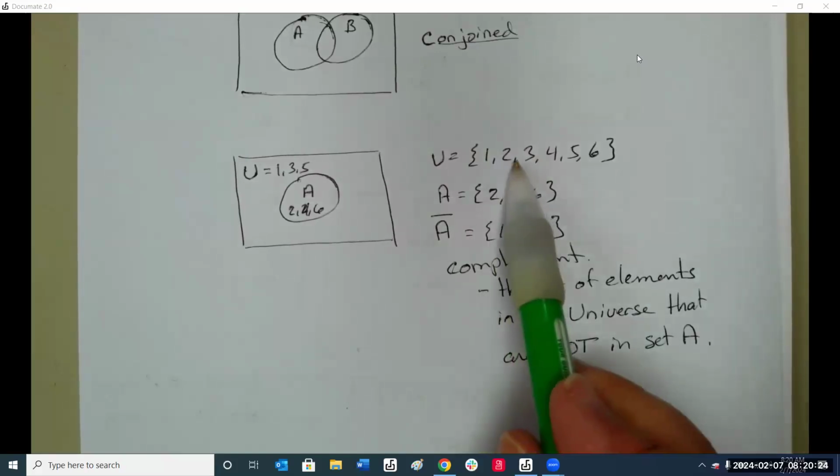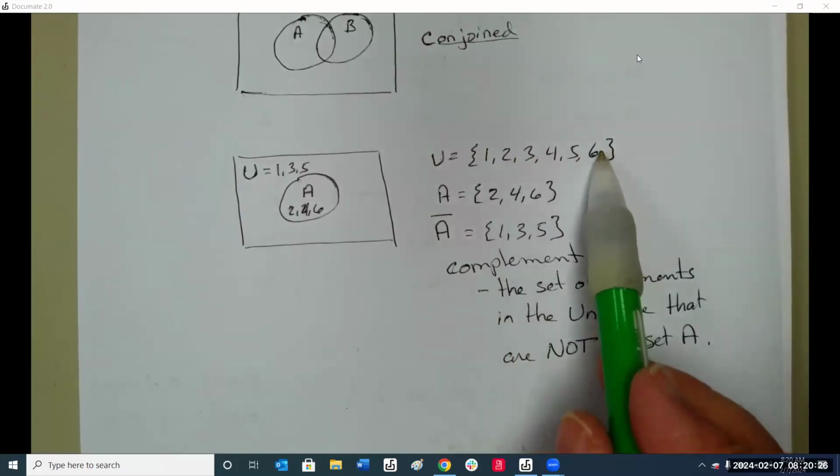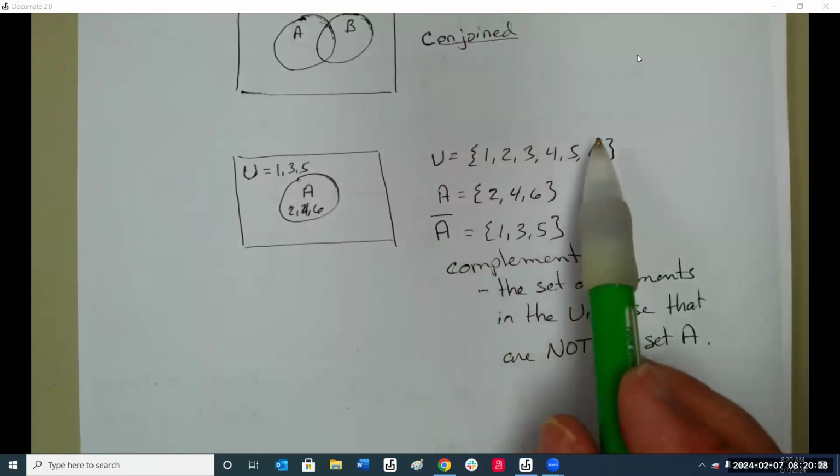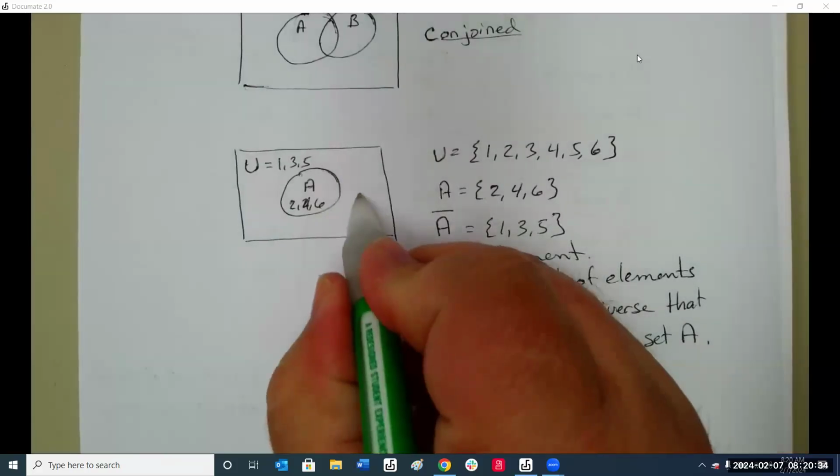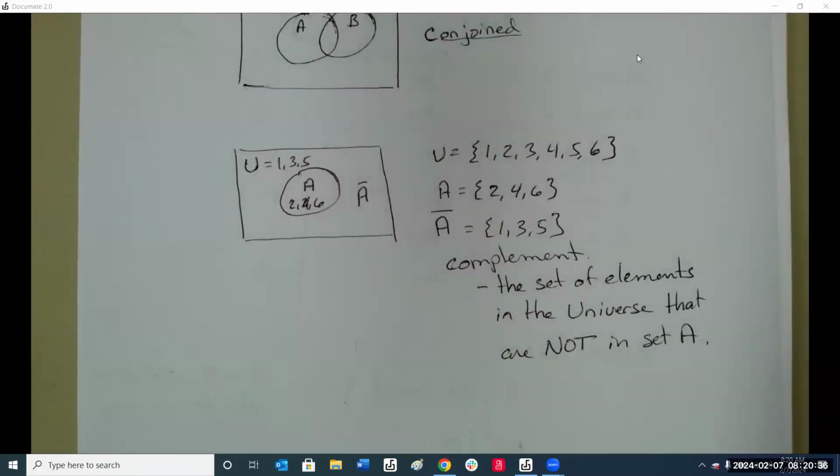So if set A is 2, 4, 6, the opposite of that is 1, 3, 5. It's whatever's left in the universe. So we have the complement out here.